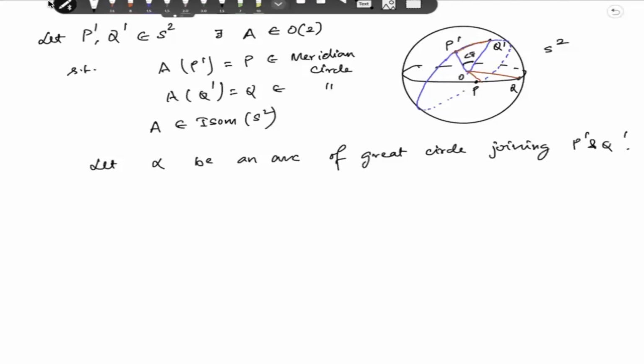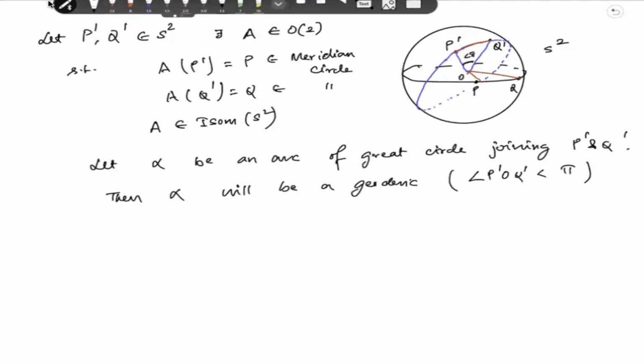So then this alpha will be a geodesic. So here we have assumed that this angle P prime O Q prime is less than pi. So this alpha will be a geodesic. So the geodesics in this pair are part of a great circle.